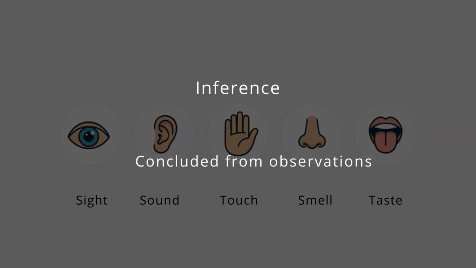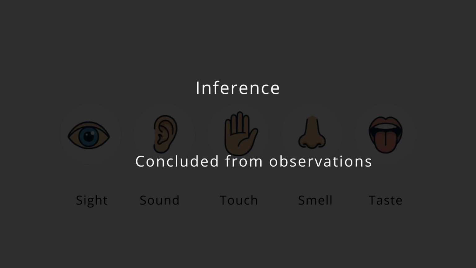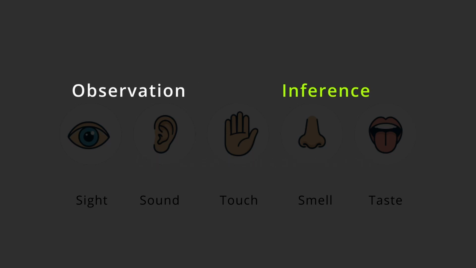An inference is a conclusion or explanation you build from those observations. One is what you detect, the other is what you conclude. They are not the same thing, but they feel like the same thing. That is the problem.